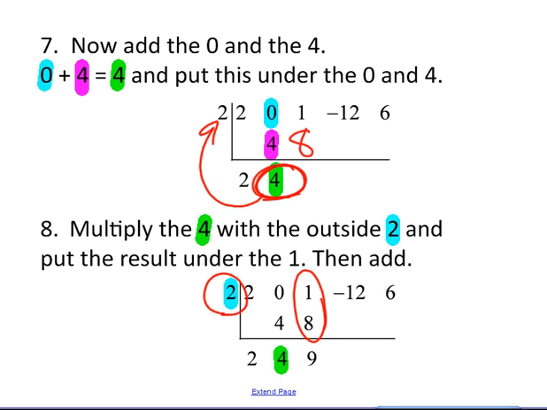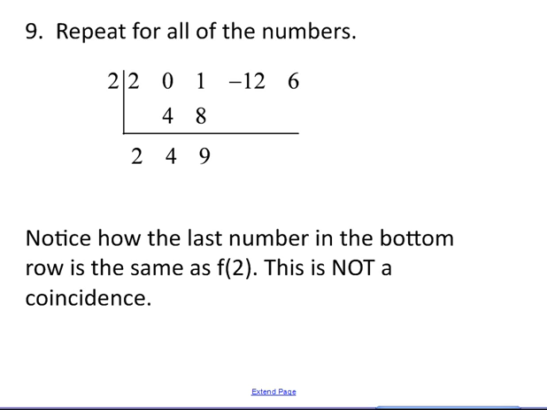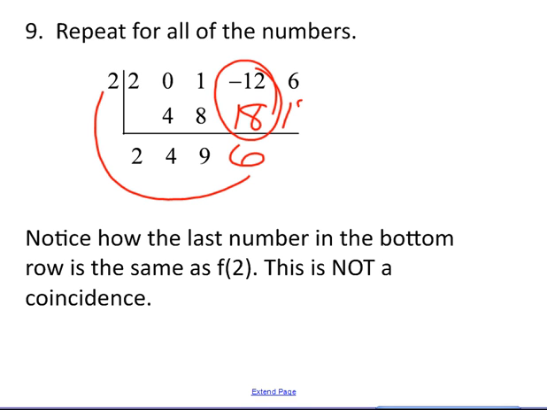So I'm going to multiply the 2 times the 9. 2 times the 9 is 18, and I put it under the negative 12. These two numbers that are inside get added together. Negative 12 plus 18 gives me 6. If it's outside, they get multiplied. 2 times 6 is 12. Inside, they get added together. 6 plus 12 is 18.